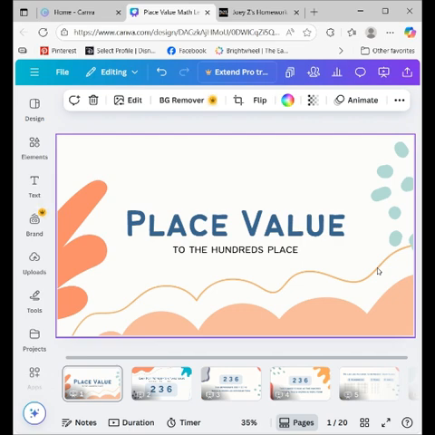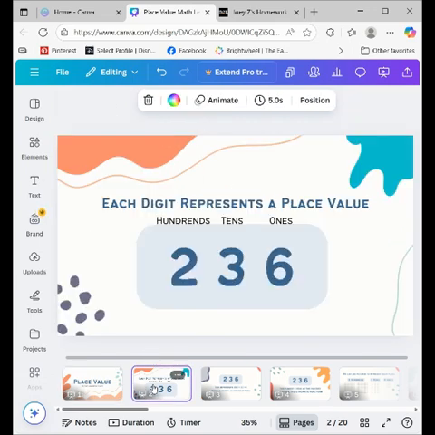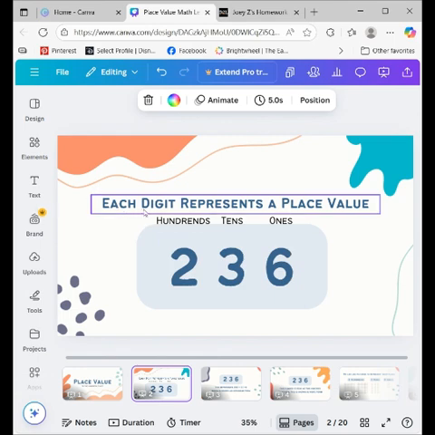So this is the number 236. Each digit represents a place value, which is the ones, tens, and hundreds.